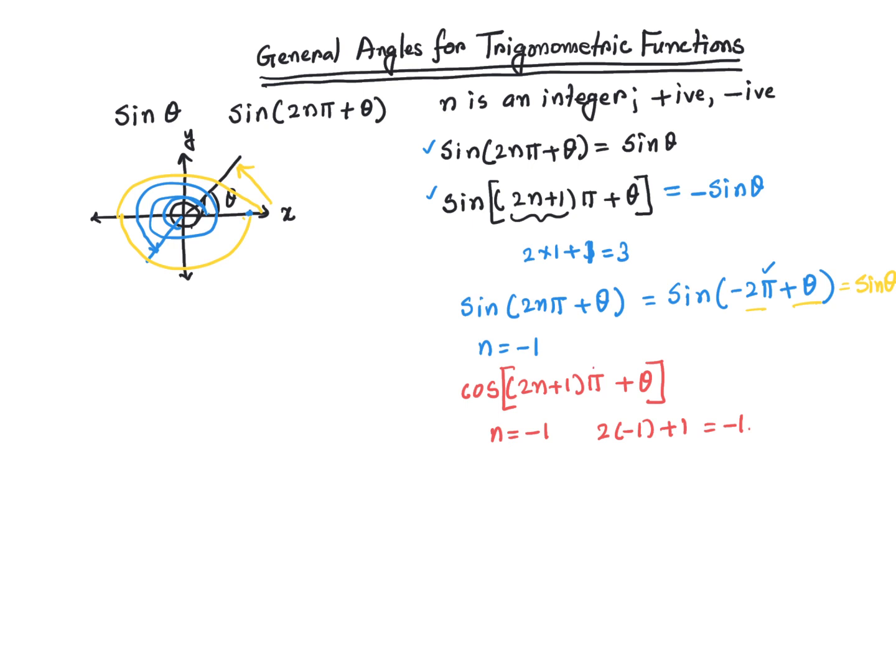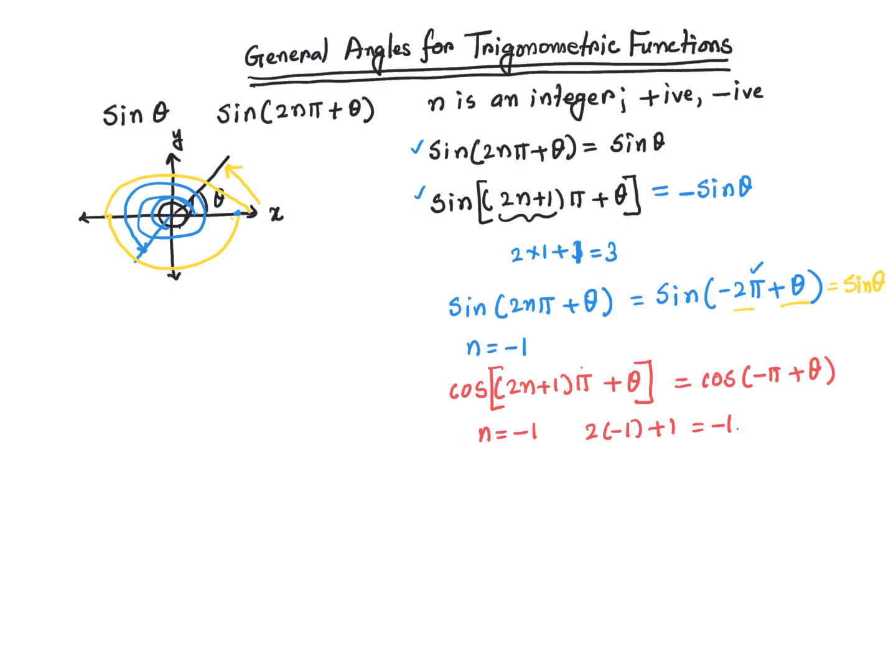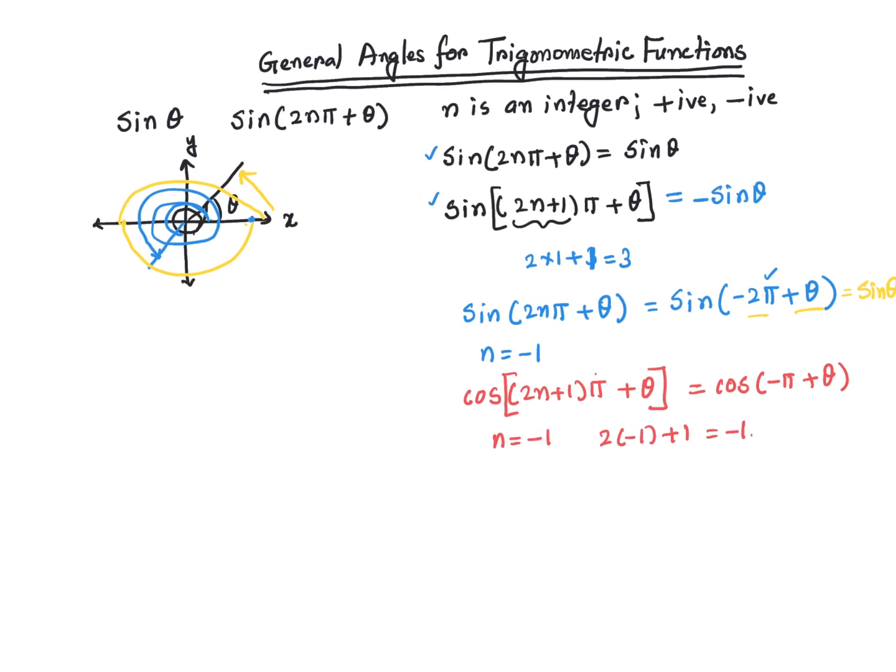So this in essence is cosine of negative pi plus theta. If you again start here, let me try to draw something. You're going to go clockwise because this is negative pi. Then plus theta, which means you're going to have to go counterclockwise right here. And this is going to be your theta, okay?